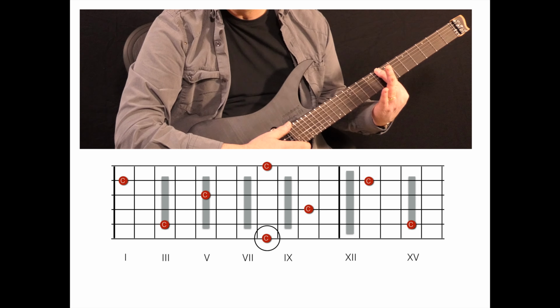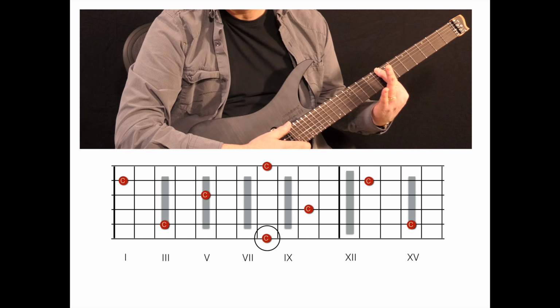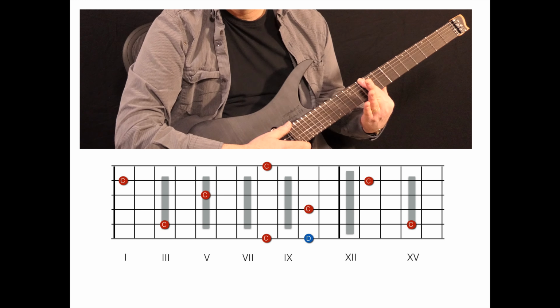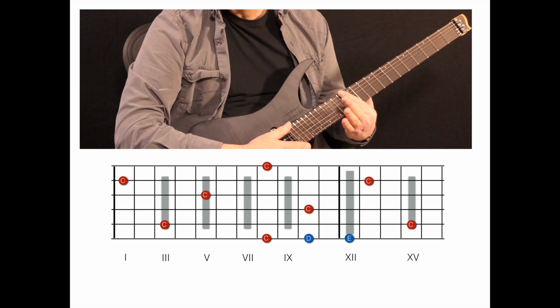Using the 2-2-1-2-2-2-1 formula, the next note is 2 frets higher, D, on the 10th fret. The note after that is also 2 frets higher, E on the 12th fret. The next note is 1 fret higher, F, because E is blunt and has no sharp.